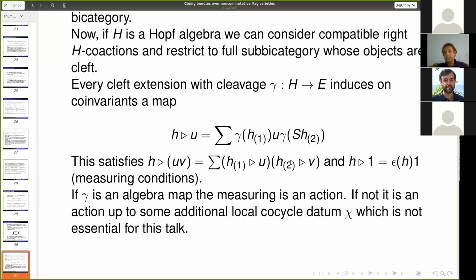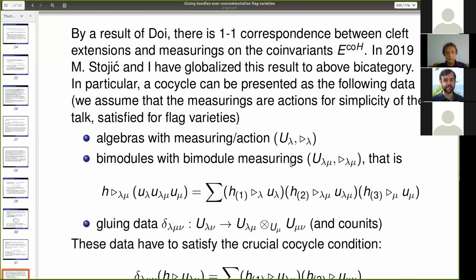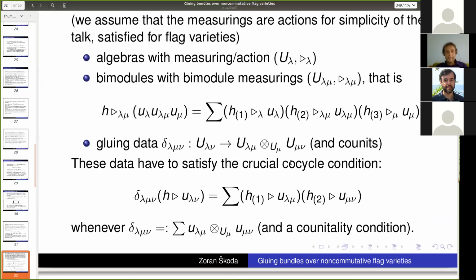So there are two essential images, one composition and another composition. Okay, let me not go into details. And then what I have on the base are these base algebras, which we glue by some data, by descent.